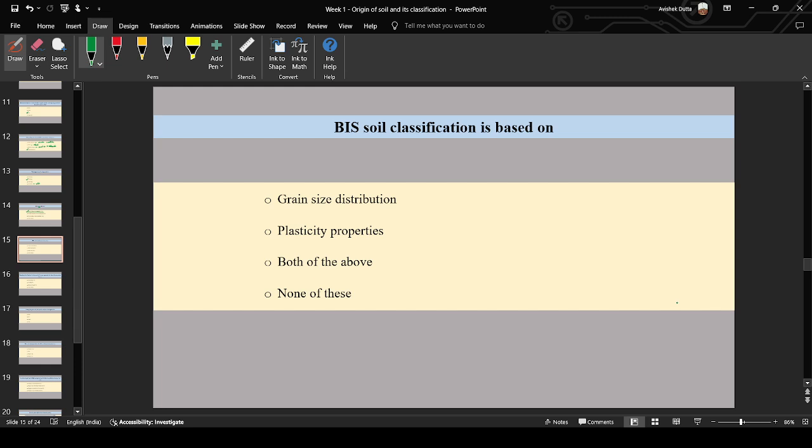So grain size distribution and plasticity properties both decide the basis of soil classification as per the Bureau of Indian Standards. The answer is both of the above.